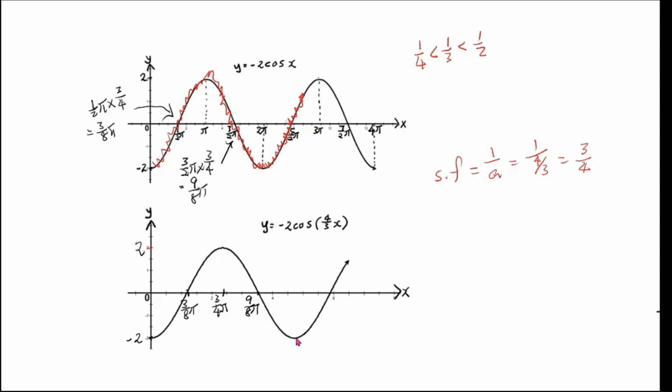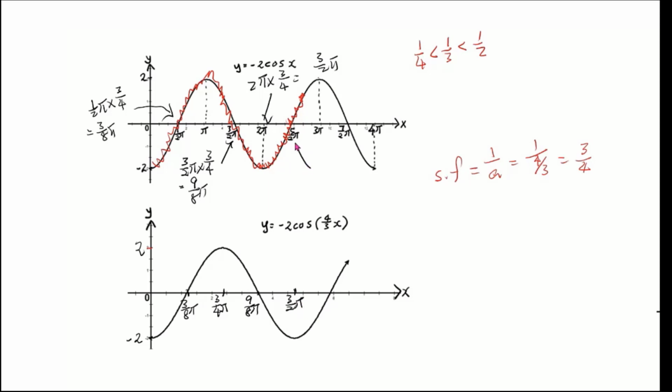Next, we come to the minimum point here. Before enlargement is 2 pi. After enlargement with 3 over 4, we will get 3 over 2 pi. So now we label here as 3 over 2 pi.